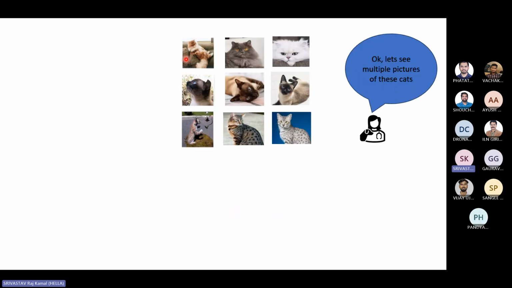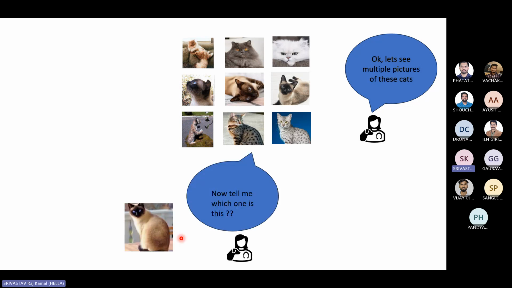But then the computer program was shown many more examples. It learned the patterns: these cats have a blackish face, these are dotted ones, these are the furry ones. So this is some kind of pattern in the data. The computer program learned that, and then it was able to answer.